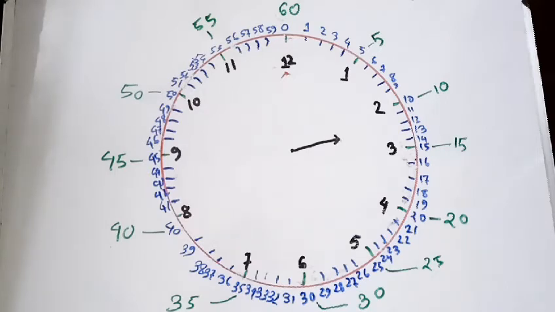Many times the hands do not point exactly at a number. Here, this arrow, the hour hand, is not located at 2 or 3.